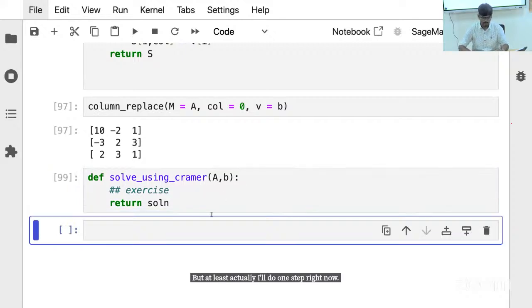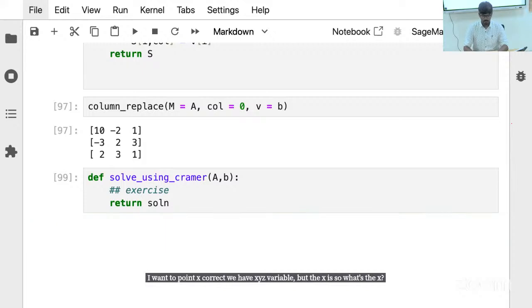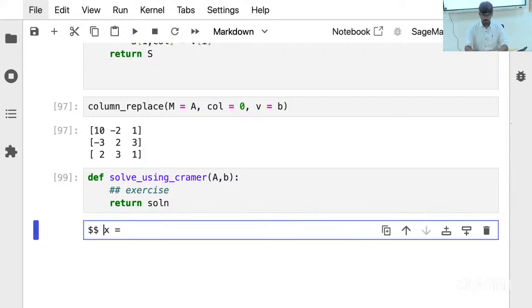So what is the first step that we want to do? I want to find X, correct? We have X, Y, Z variables, but the X is, that's a determinant of, how do we write that? I don't remember now.